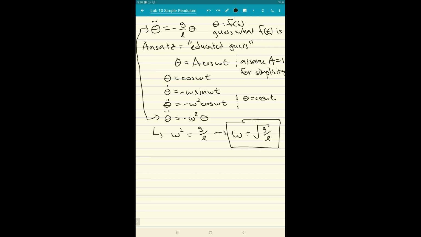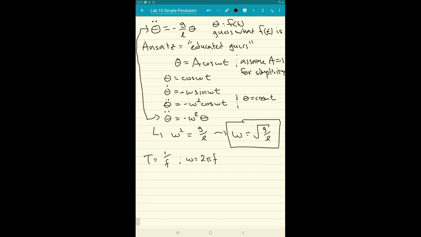Now we know that the period of anything is just 1 over the frequency, and omega is actually just 2 pi times the frequency. Since frequency is 1 over seconds, a cycle per second, you multiply it by a cycle in radians, which is 360 degrees, which is 2 pi, and then you get radians per second.